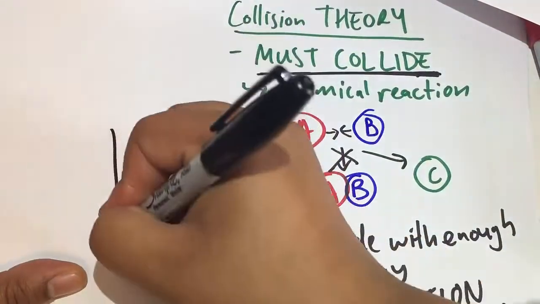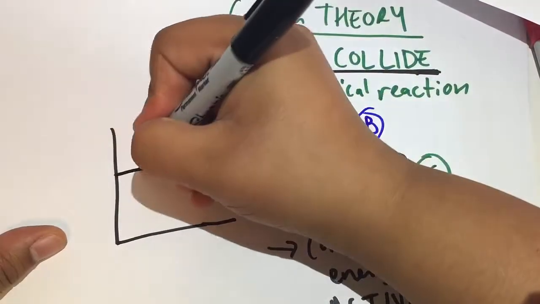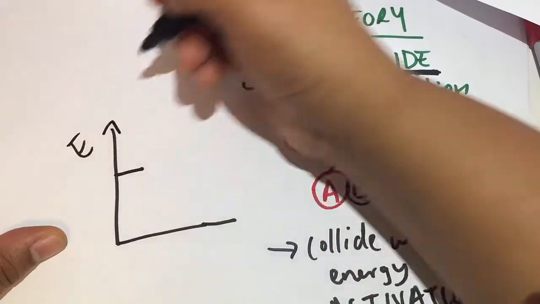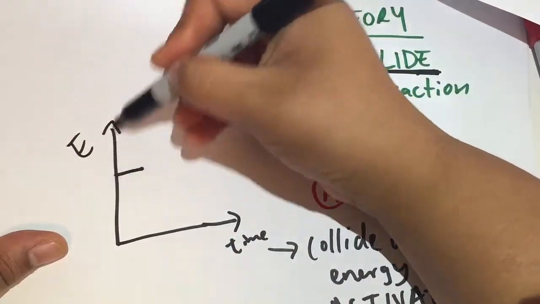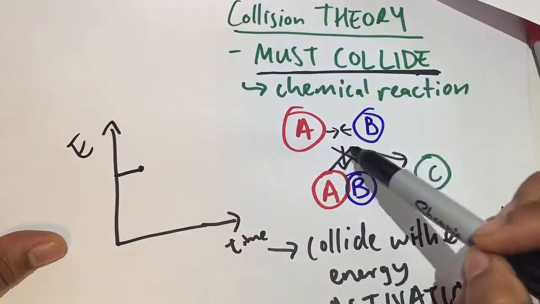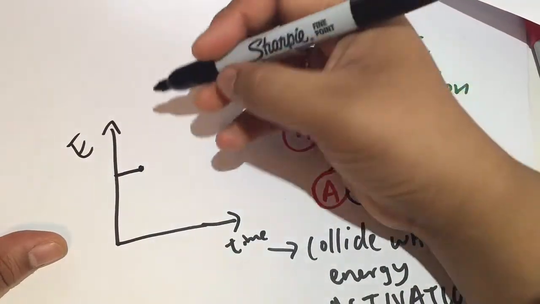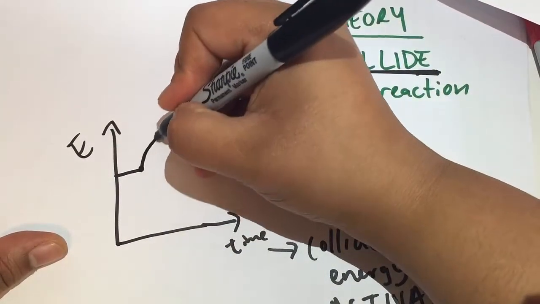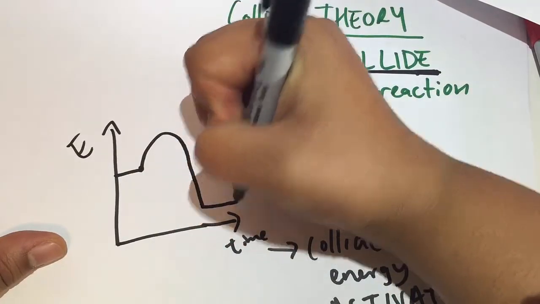So if we have some sort of chemical, it usually starts off at a certain amount of energy, and this is just over time, and this level of energy tells you how much stored potential chemical energy that molecule has. But in order for it to react, it needs to gain a certain amount of energy, and when it reacts, it might release energy and come down to a lower state.